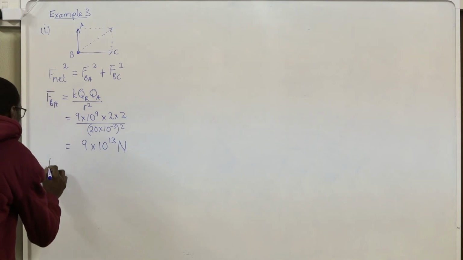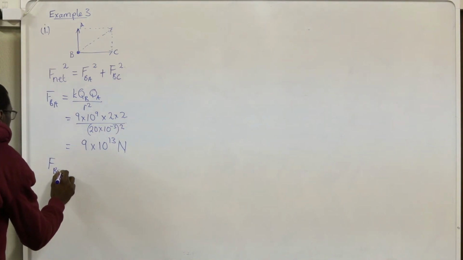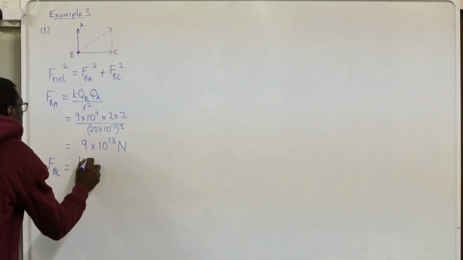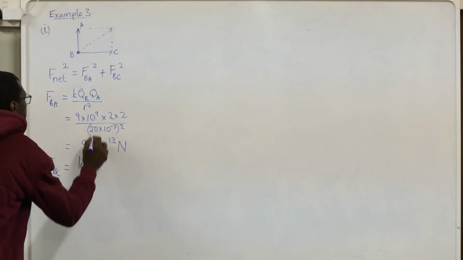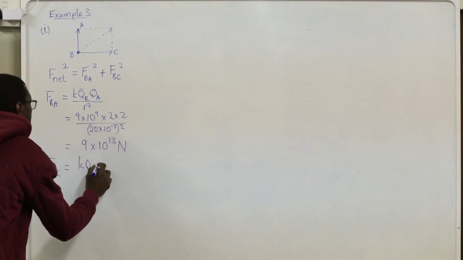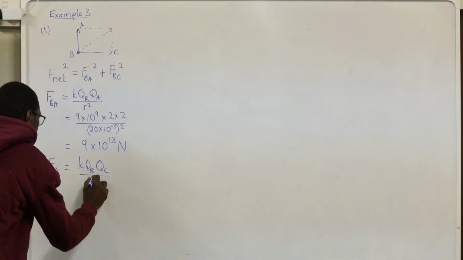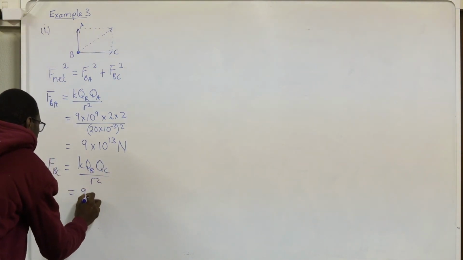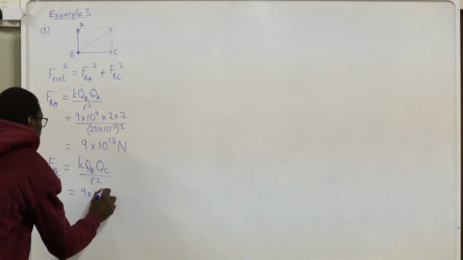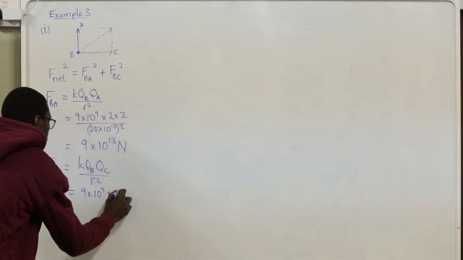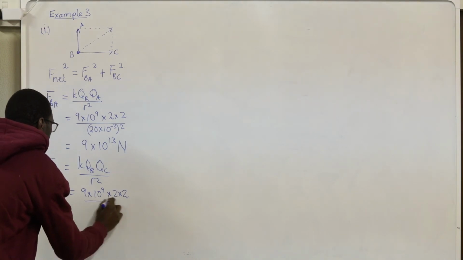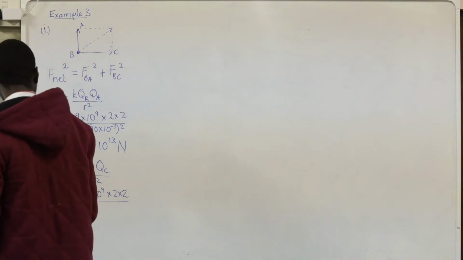Let's move on to FBC. K, QB, QC over R squared. K is 9 times 10 to the power of 9 times 2 divided by, what's the distance between them?